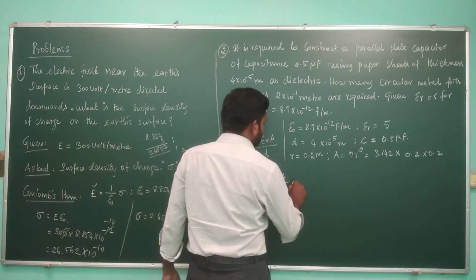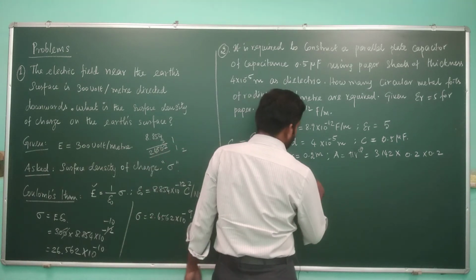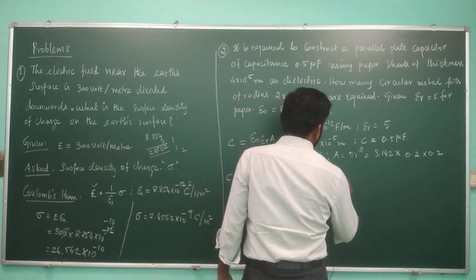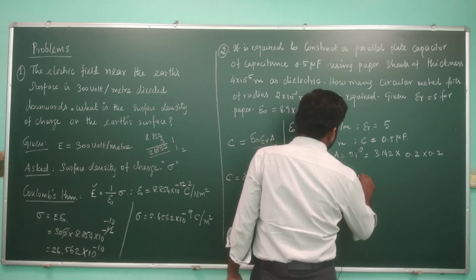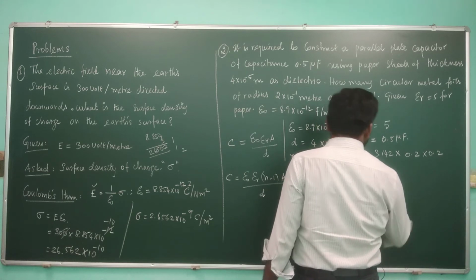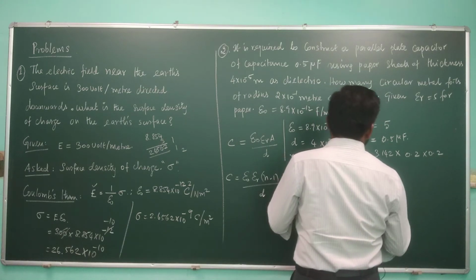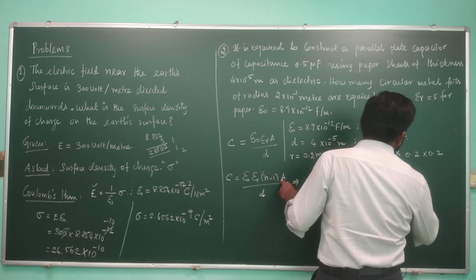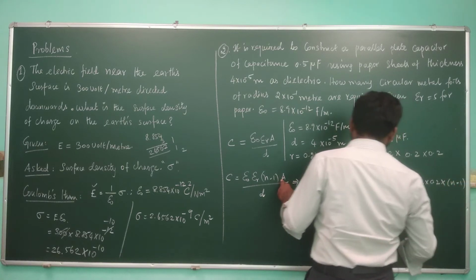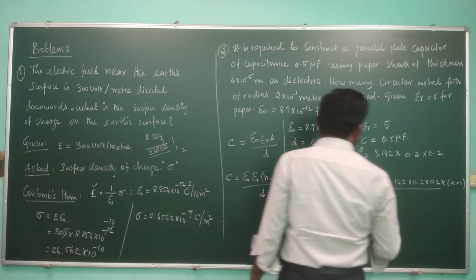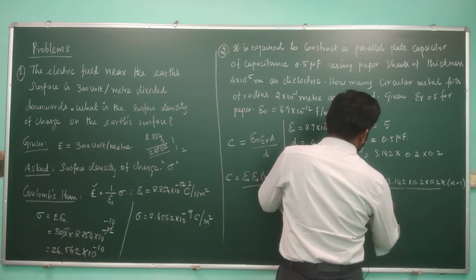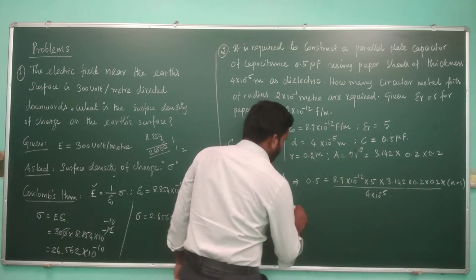So you can substitute: 0.5 is equal to 8.9 into 10 power minus 12 multiplied by 5 multiplied by 3.142 into 0.2 multiplied by 0.2 into n minus 1, divided by d, that is 4 into 10 power minus 5. Now what do we want? We want n minus 1.